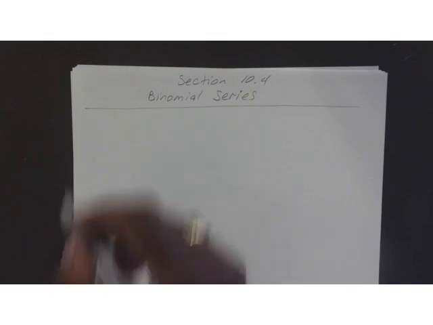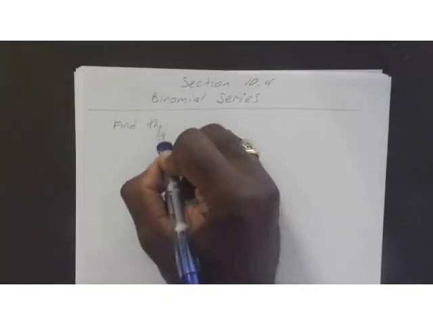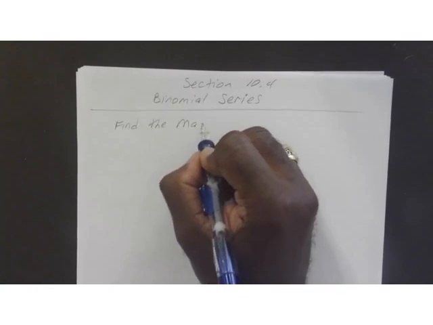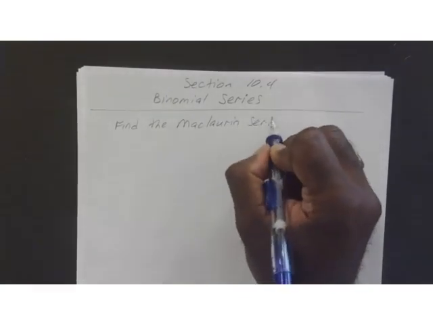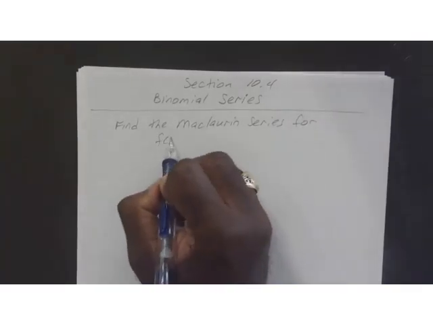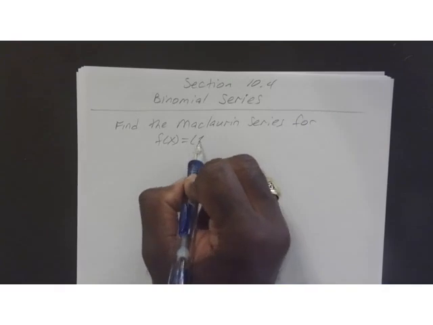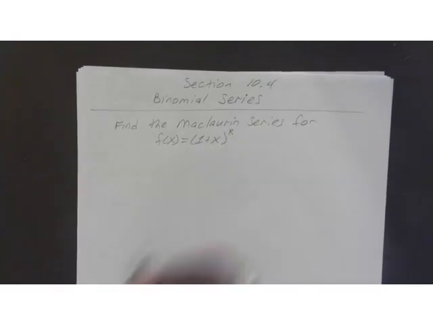Okay. So let's say we wanted to find the Maclaurin series for f of x is equal to 1 plus x to the power of some constant k.